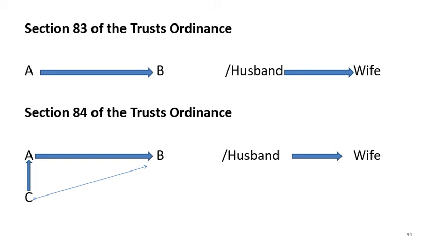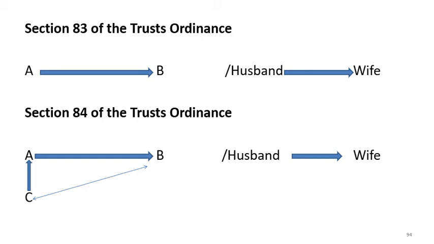As we have seen in the general concept, A provides the consideration, then the conveyance is made to B. Then there is a presumption. After establishing all these things, the presumption of trust arises. But here, the presumption of advancement arises.